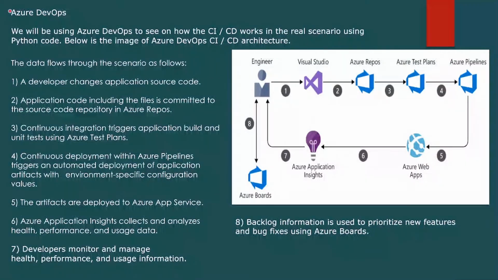You're going to come across this repository terminology in the coming lectures. What is this repository and what exactly does it do, and what is GitHub and what exactly does it do? What is the purpose of that? You are going to see that practically.